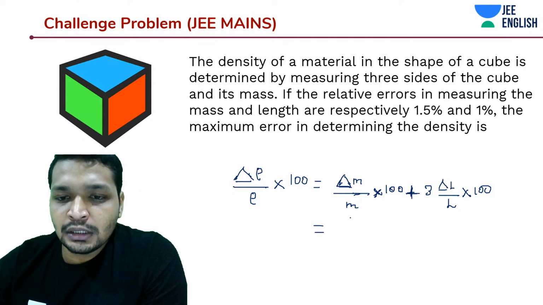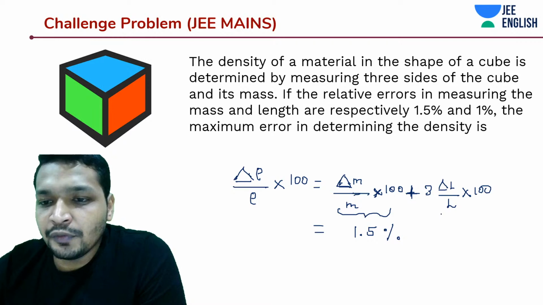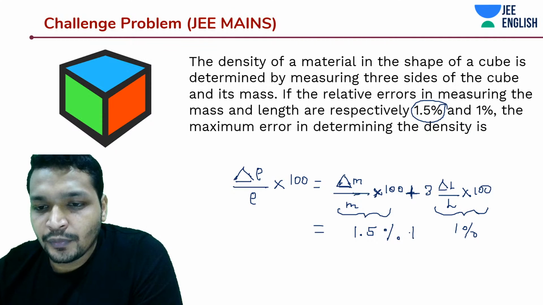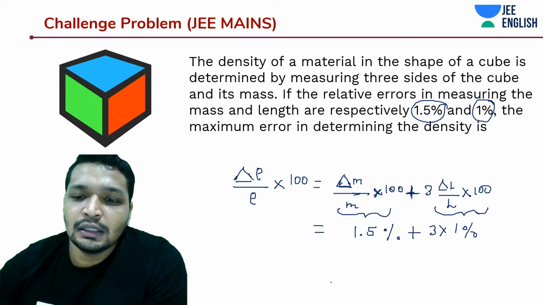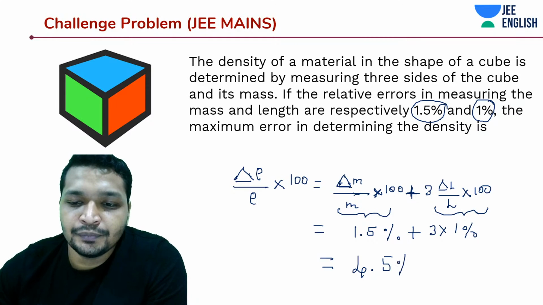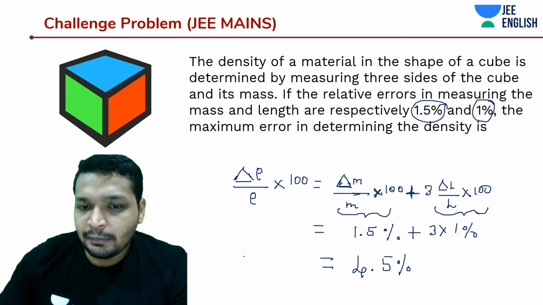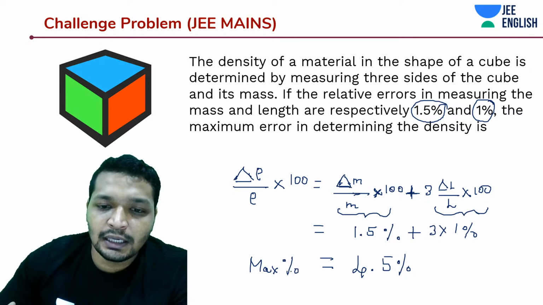So we know this is how much? 1.5%, and how about this? This is 1% into 3, which is going to be 4.5%. So this is going to be your maximum error in determining density. Max percentage error in your density.